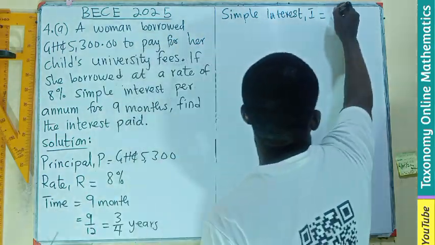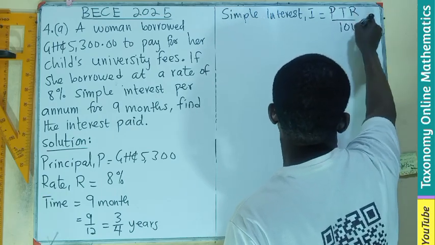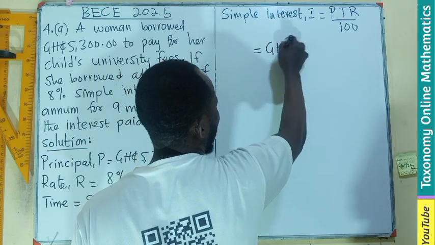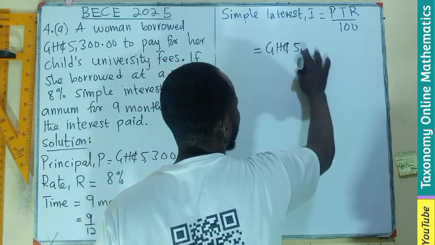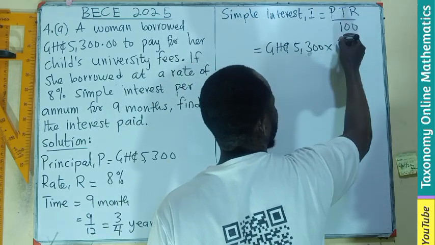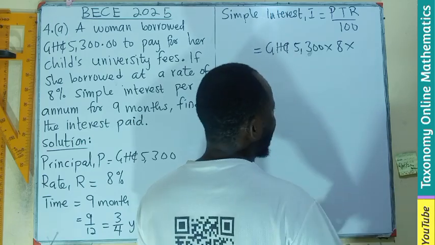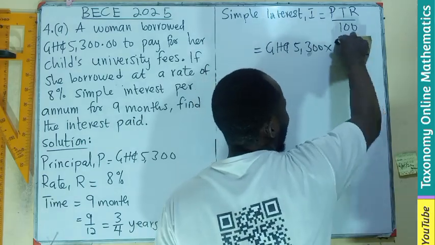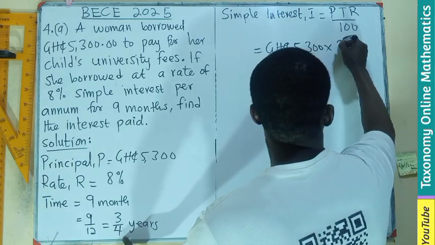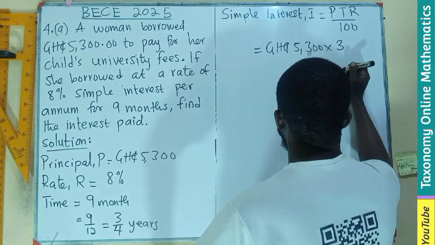So if I have my principal as 5,300, the rate as 8, let me write it in order, not to change the position. The time is 3 divided by 4. So the 3 will be coming up and the 4 will be coming down.